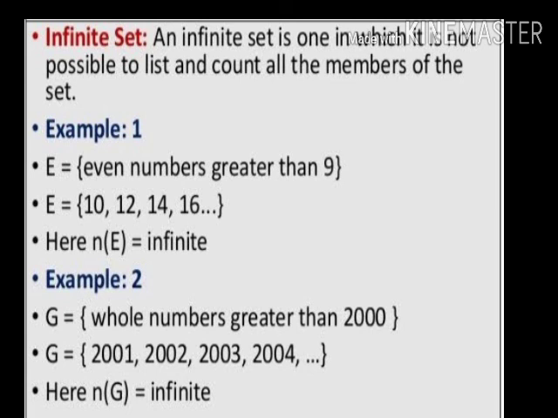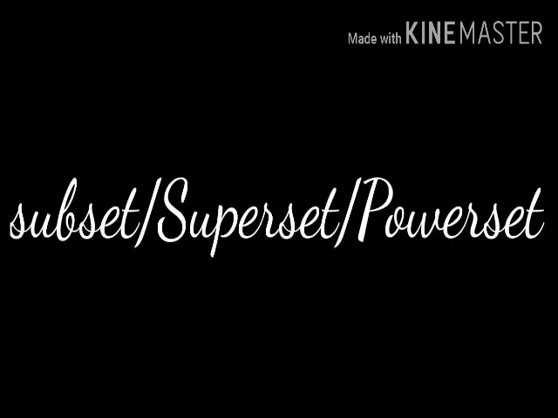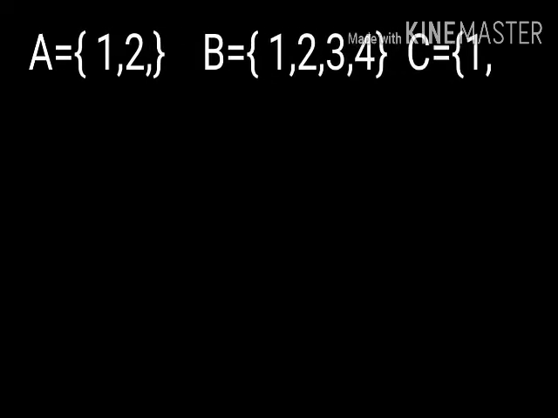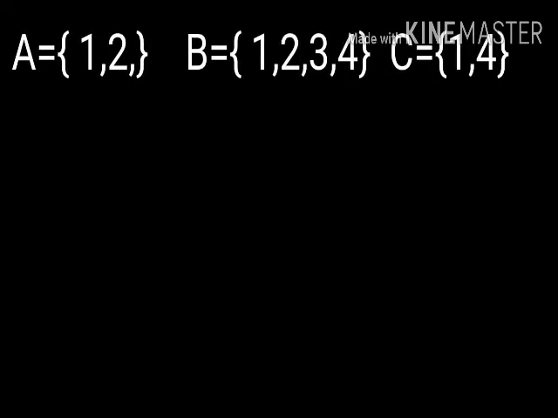Next is subset, superset and power set. Let's see. We have three sets. A = {1, 2}, B = {1, 2, 3, 4} and C = {1, 4}. So here every element of A, that is 1, 2, is contained in set B. Isn't it?